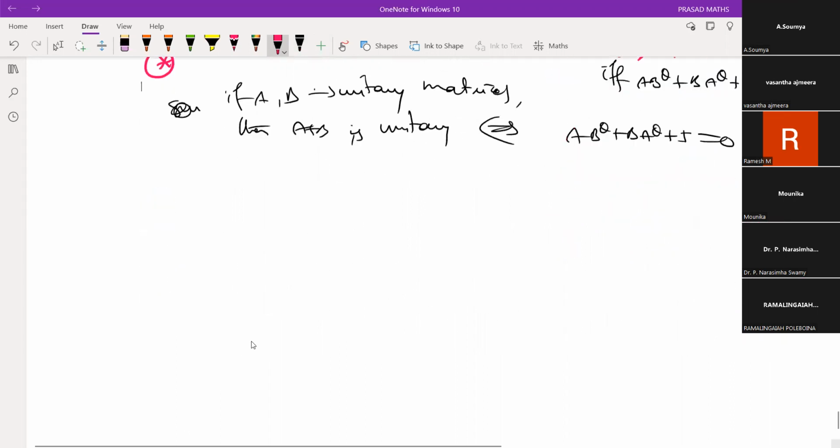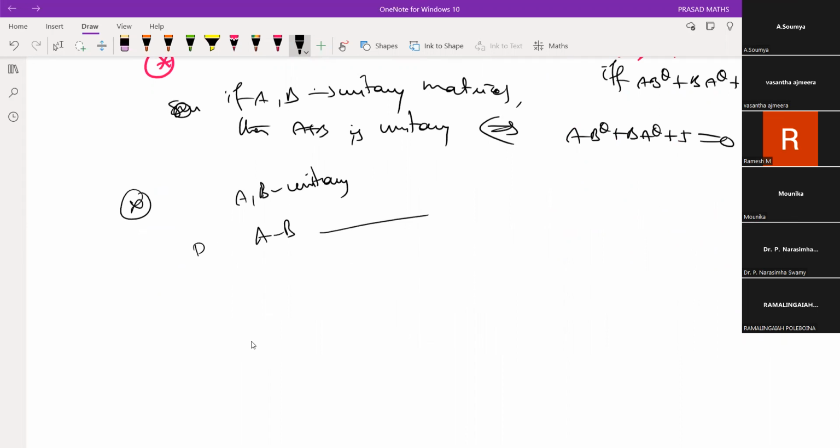What about the difference? The sum of unitary matrices may not be unitary, but what about the difference? Take A and B as unitary. Is the difference unitary? The answer is no, in general.